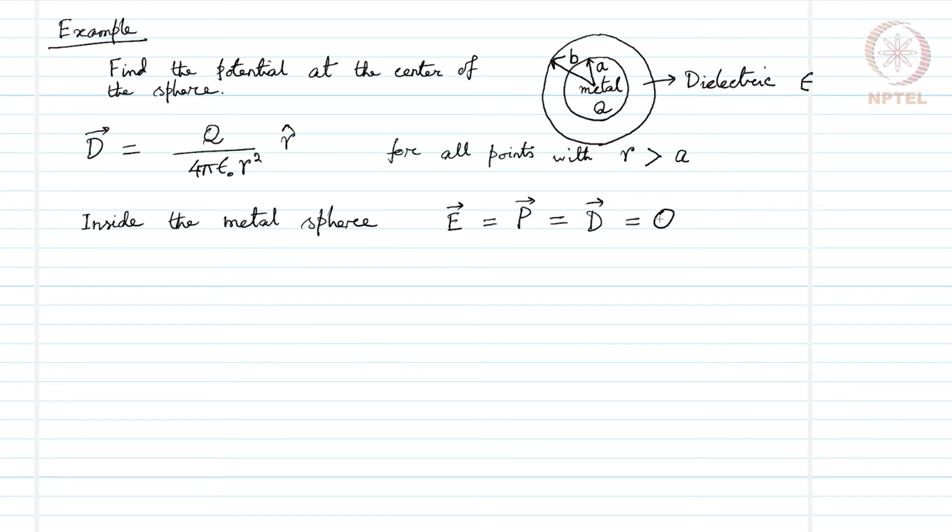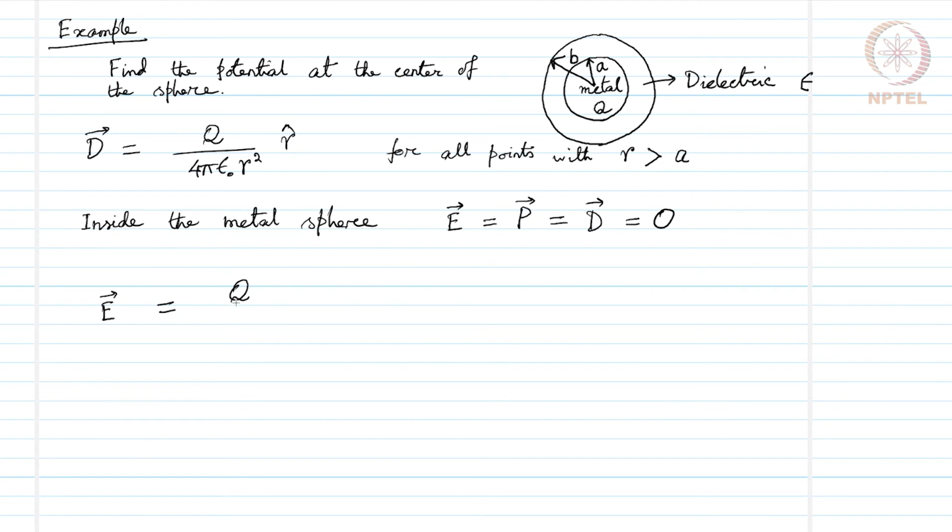So, we know the displacement vector everywhere in space, and if we know the displacement vector everywhere in space, then we can find out the electric field also everywhere in space.